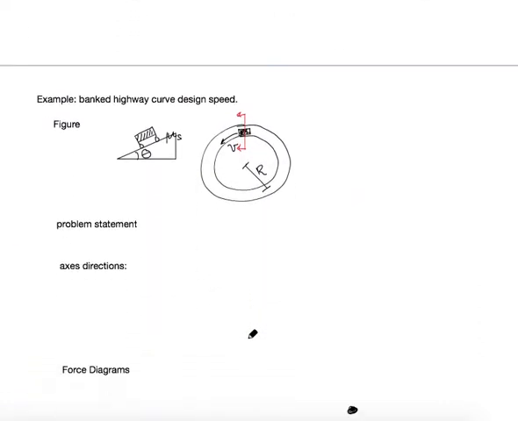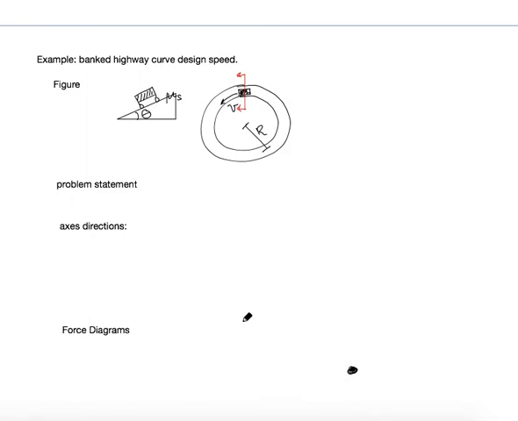Let's look at another example: banked highway curve, design speed. When driving on the highway, some parts are slanted, so why? Here we want to find v, given the radius of the curve, the coefficient of static friction, and theta.